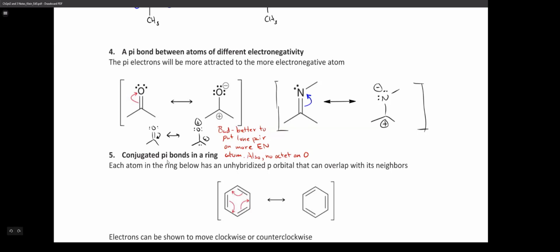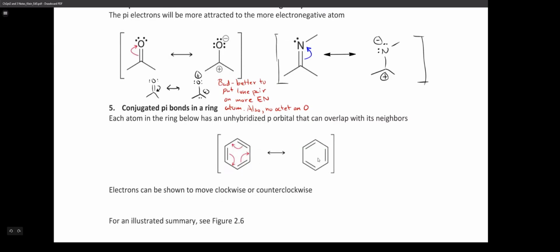Pi bonds in a ring. Benzene is an incredibly important molecule because, for a number of reasons, having 6 carbons, it's particularly stable because these lone pairs can move in a pattern here. Benzene could be drawn either way, and it would be considered the same thing.